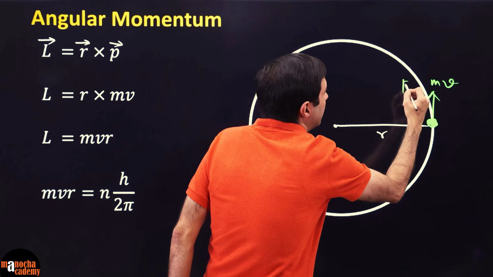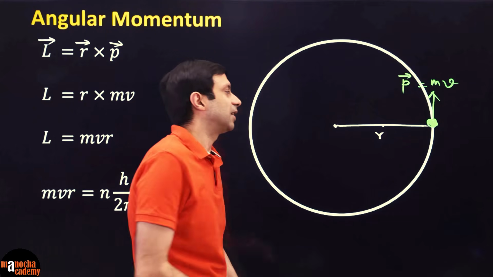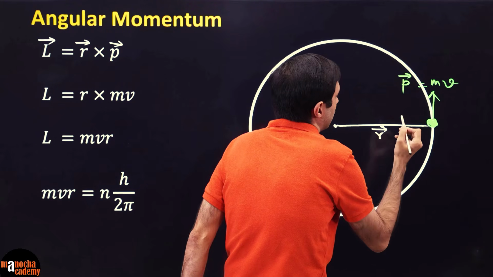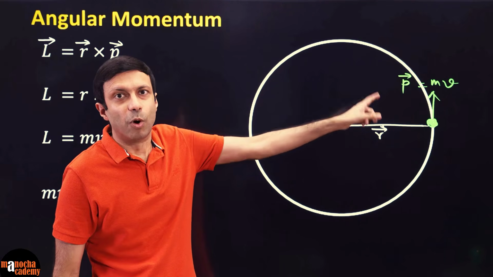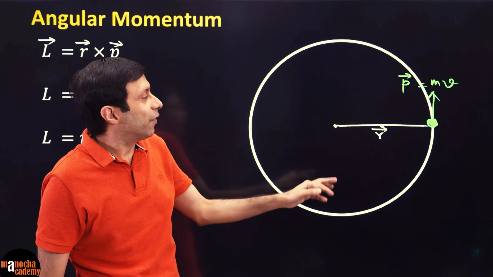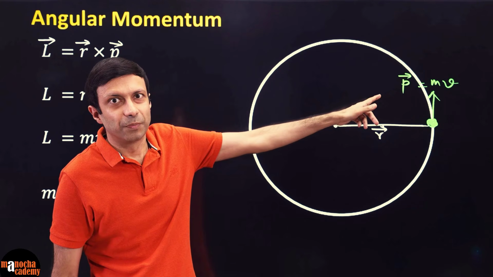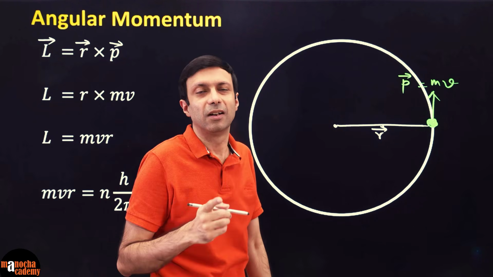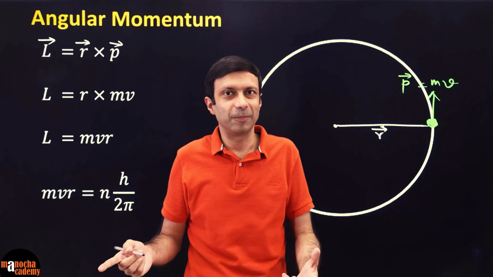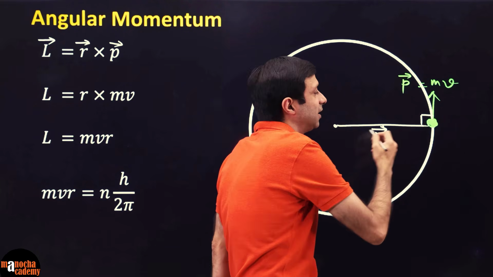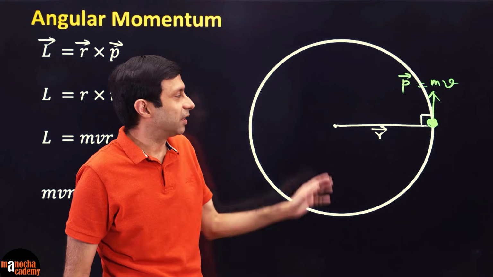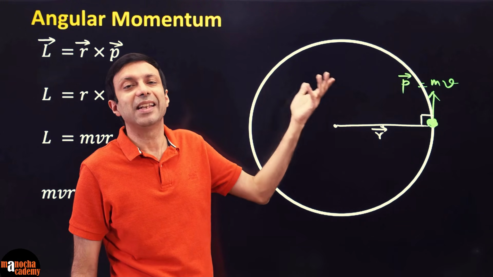This is the momentum p, and this is our distance vector where we are considering the moment of that momentum. When we do a cross product of these two, remember you have to take rp sine theta, but here the angle between the momentum and this radius vector is 90 degrees.